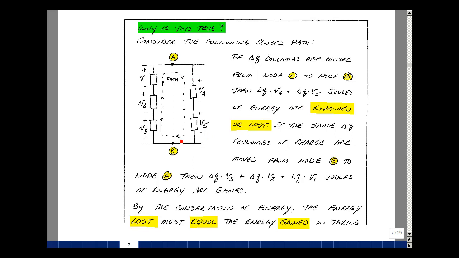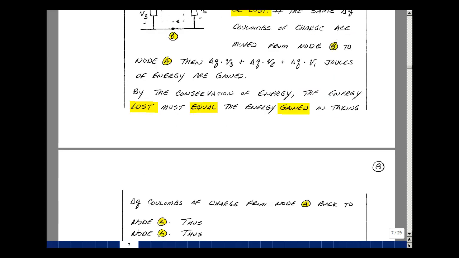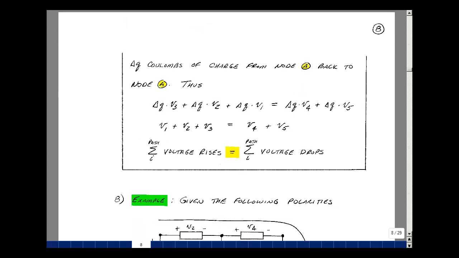Now, taking that same charge through a rise in voltage, we would then gain energy of the change in charge times V3, the change in charge times V2, and the change in charge times V1. By the conservation of energy, the energy that was lost must equal the energy that's gained. So if we take the energy that was gained and set it equal to the energy that was lost, what we have is a common delta Q.